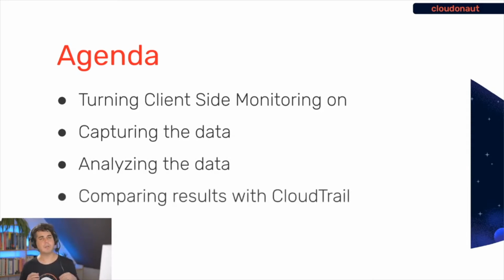And I'm also going to compare the results with CloudTrail, because you might already know, isn't there a service called CloudTrail that actually solves this problem? If you have tried to use CloudTrail for this purpose, you will soon figure out that it misses a lot of API calls. So we will see this at the end of today's event, that quite a lot of calls are not visible in CloudTrail. And then after that, we have some time for questions.